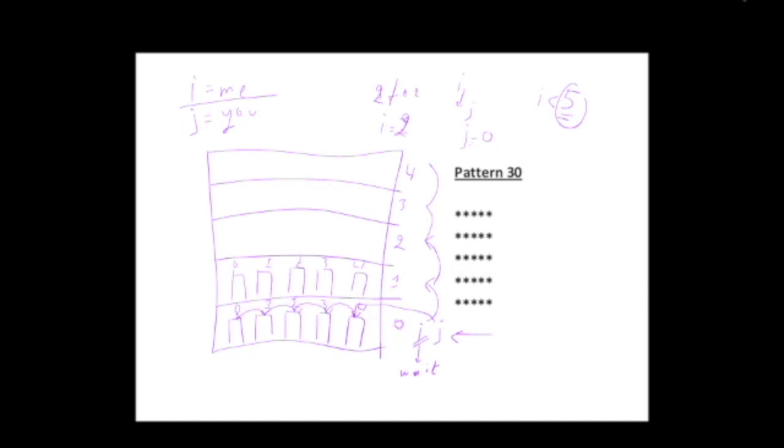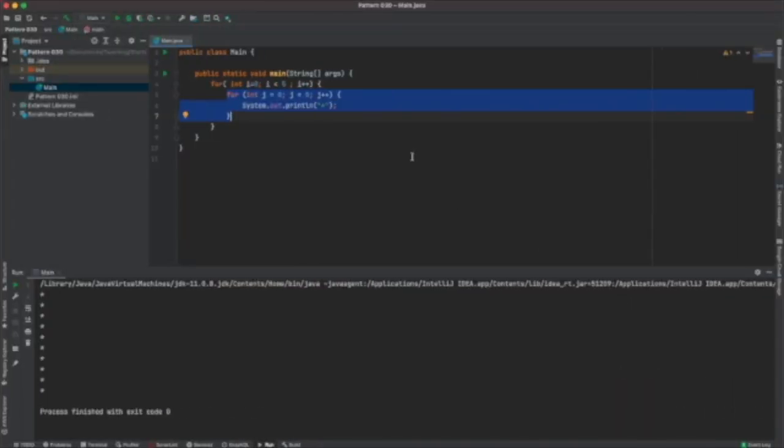So let me just understand what's going on. If I have these loops, I have the J loop inside the I loop. So I is 0, and after the I has started, it will come to here.